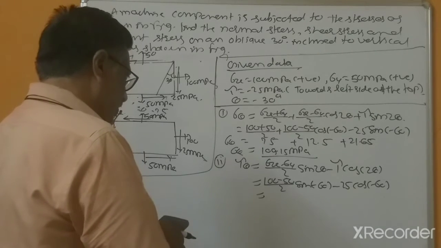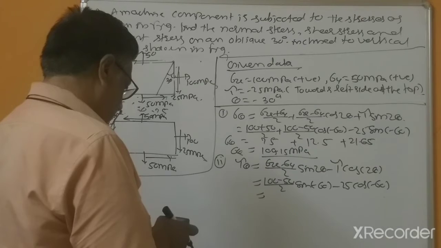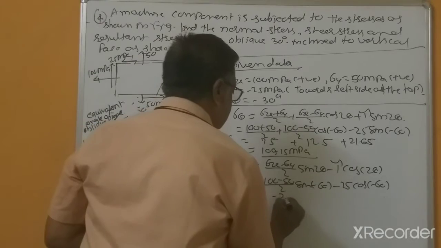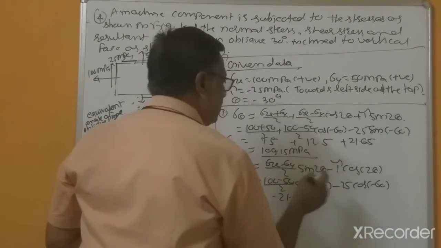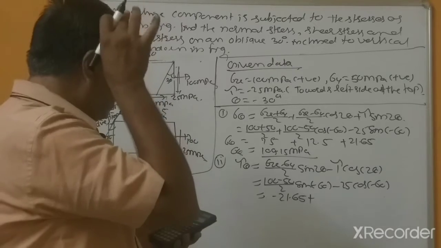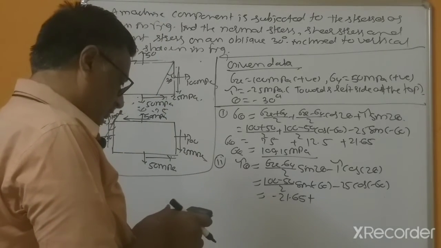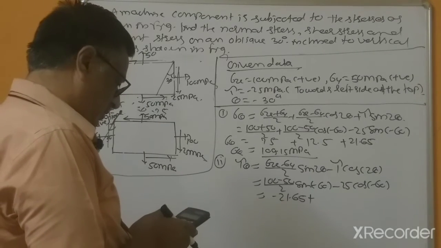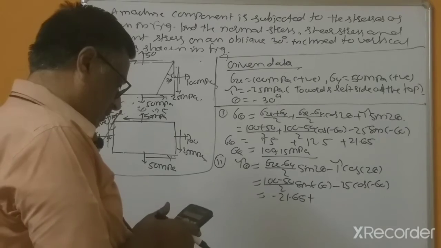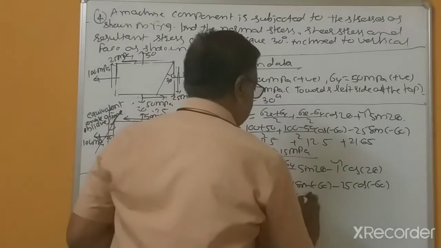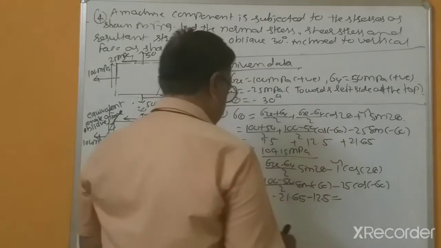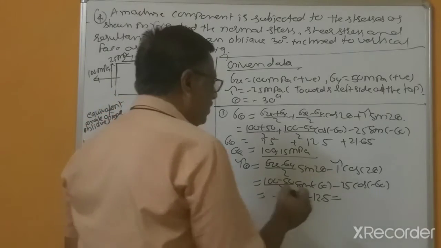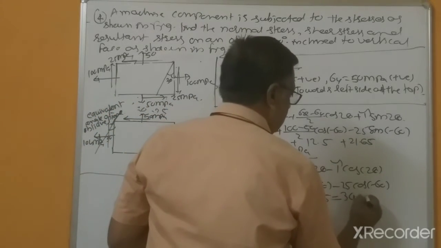Sin minus 60 multiplied by 25, minus 21.65. That is plus, I think, or otherwise that may be minus. Minus 12.5. So this is minus 34.15 megapascal.